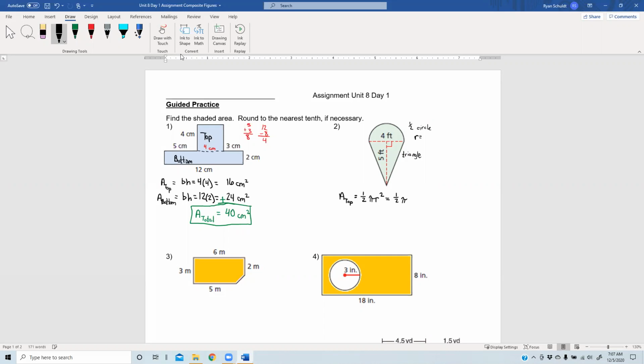So radius is 4 divided by 2, which is 2. So 1/2 pi times 2 squared. And this time we actually want to put pi in the calculator. And when I do that, I'm going to round to the nearest tenth. So I want 1 decimal place.